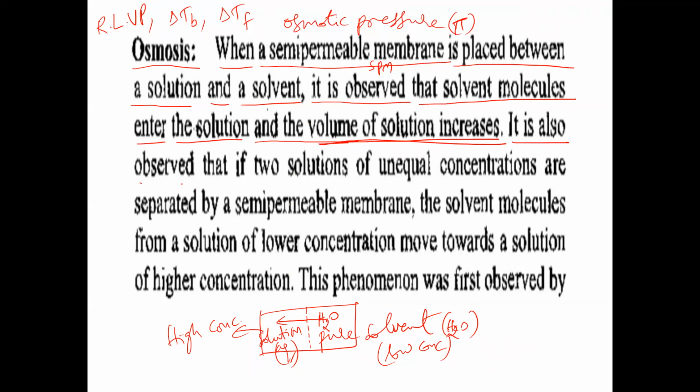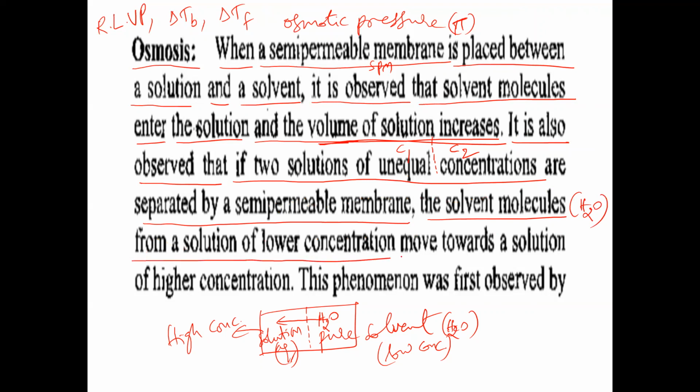It is also observed that if two solutions of unequal concentrations, suppose solution 1 with C1 concentration and solution 2 with C2 concentration, are separated by SPM, the semi-permeable membrane, the solvent molecules, that is H2O molecules in most cases, move from the solution of lower concentration towards the solution of higher concentration.